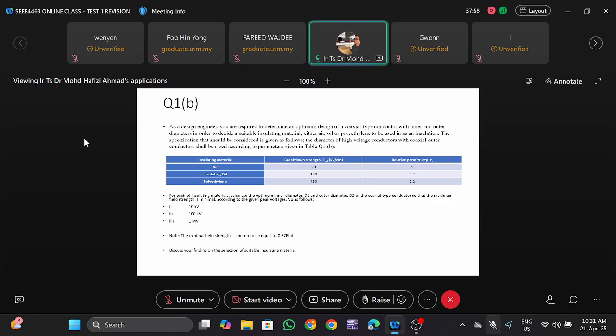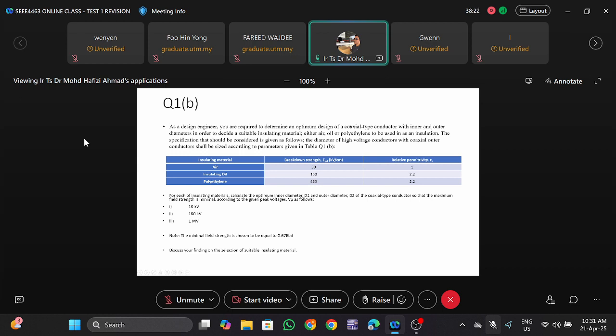All right, and then this is another interesting question. If you read the question carefully, you must see that as a design engineer, you are required to determine an optimum design of the coaxial type conductor with inner and outer diameters.